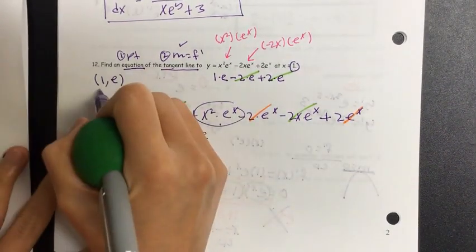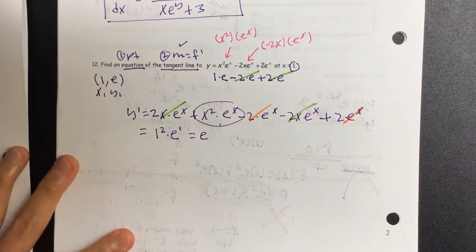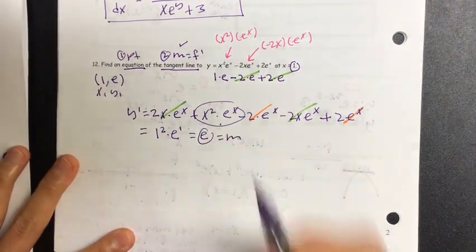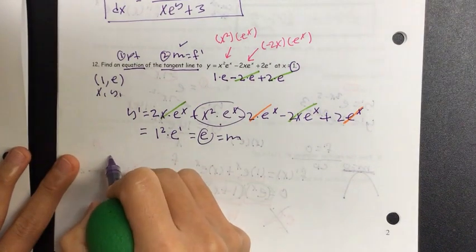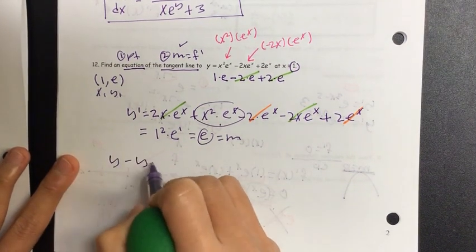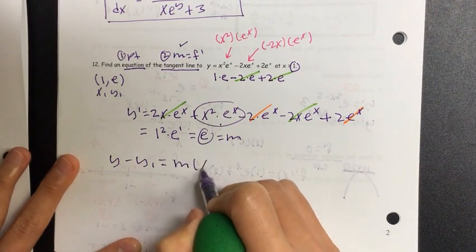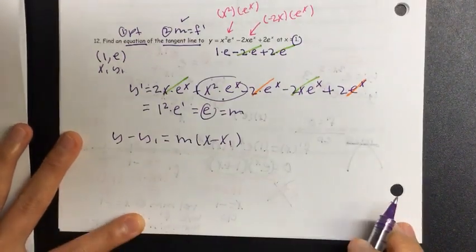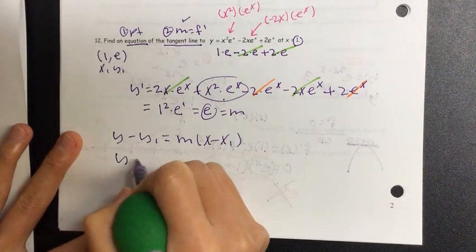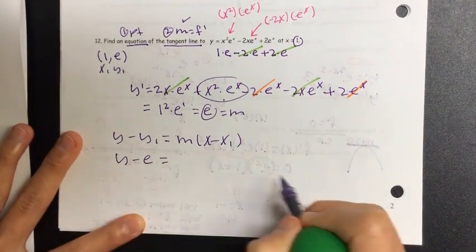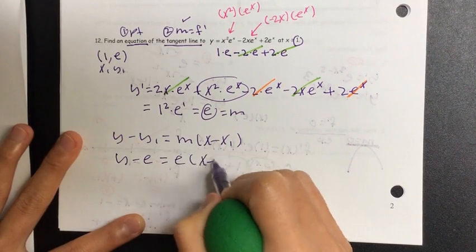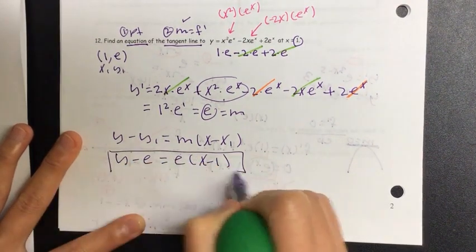And when I label this, here's our x1 and y1. That is our slope. And if you recall the point-slope formula, it was y minus y1 is equal to what? m times x minus x1. Let's plug it in. y minus e is equal to e times x minus 1, and that's it.